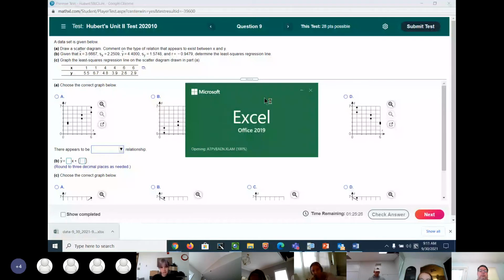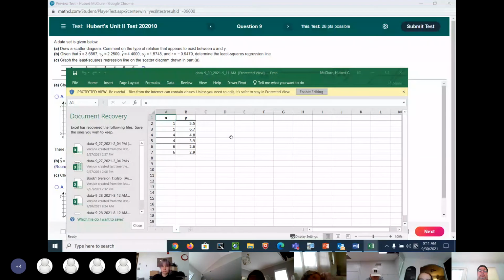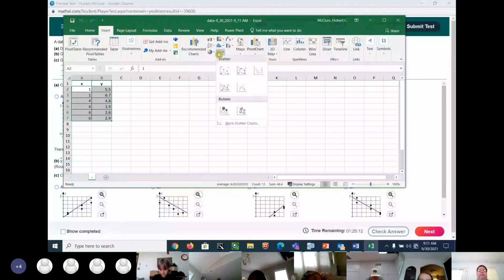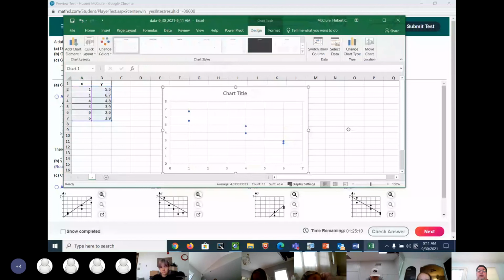Go ahead and draw a graph. Insert chart plot. All right, that's what it looks like. Two, and then two get closer, and then two real close.